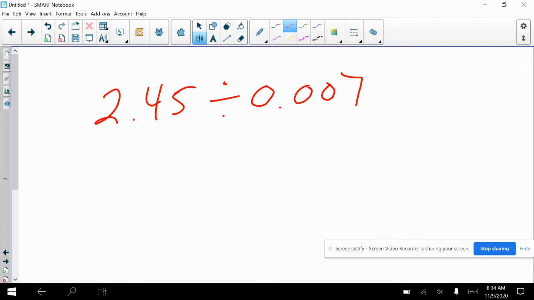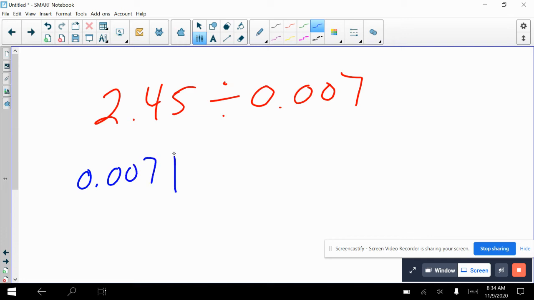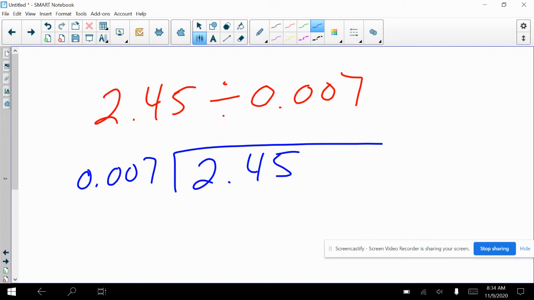Two and 4,500 divided by 7,000. Okay, so if we set this up, question is, what are we going to multiply the divisor by?